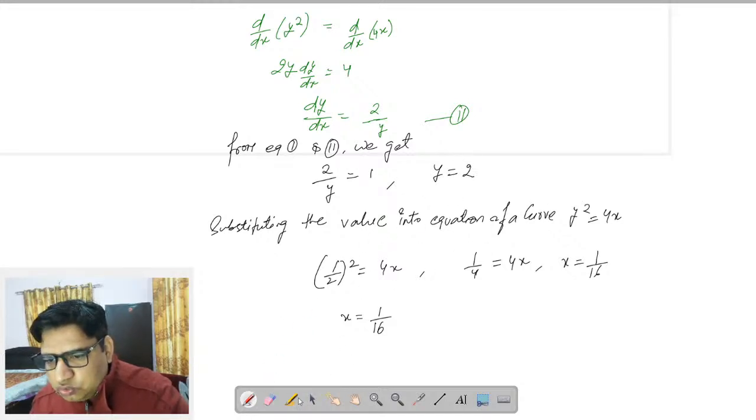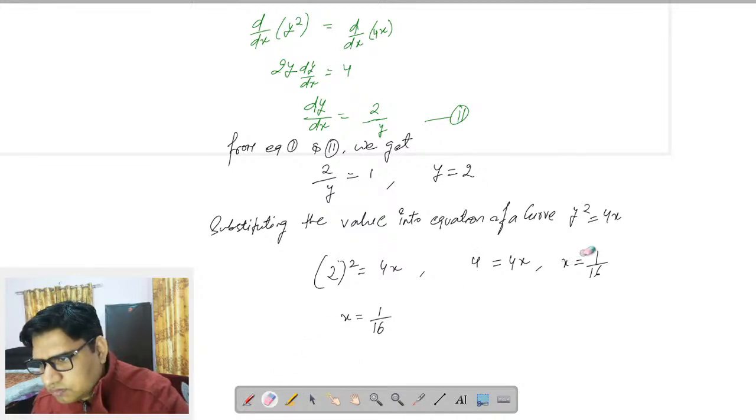And y is equal to 2 will give us 4x is equal to 4, so x will be 1 only.